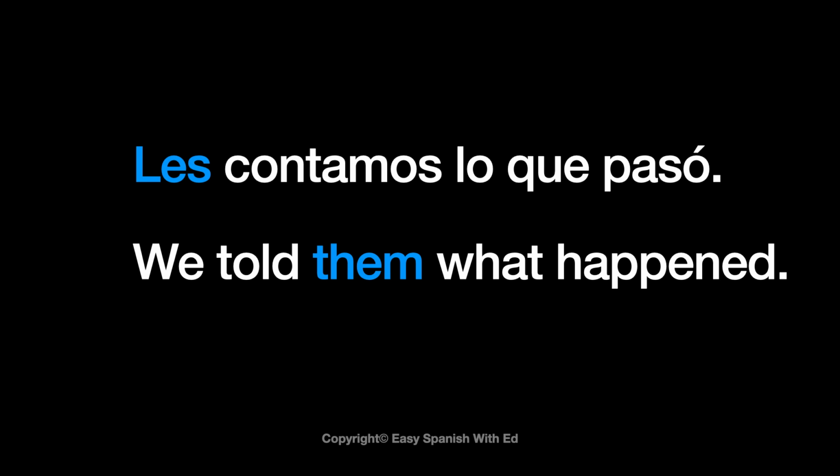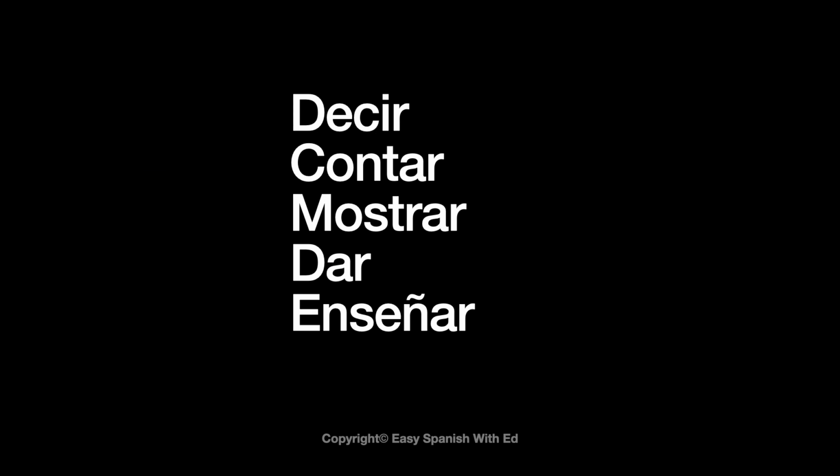And this idea of an exchange is important. In fact, there are certain verbs that always function with indirect object pronouns when there is some sort of exchange happening between two or more people. And you'll get a feel for them as you get more comfortable with the language. But here's a very short list of some of them.